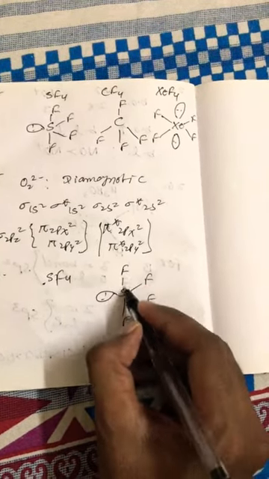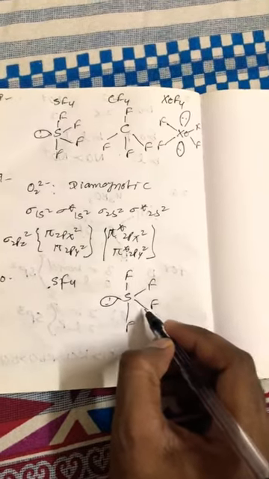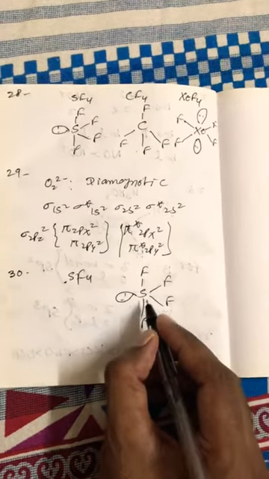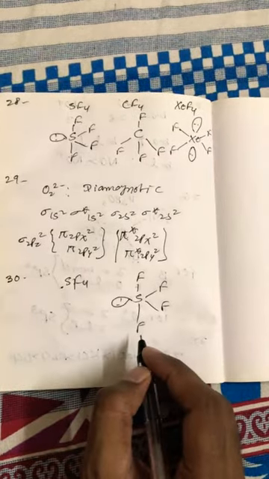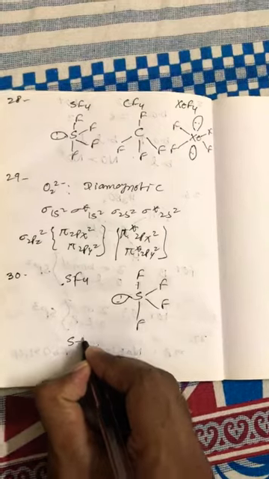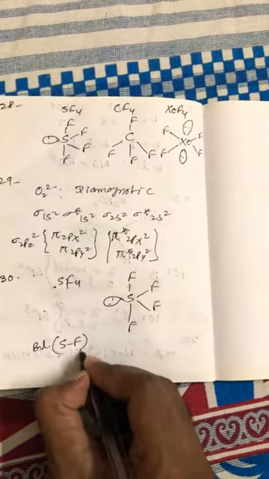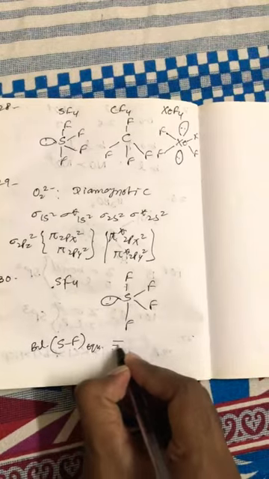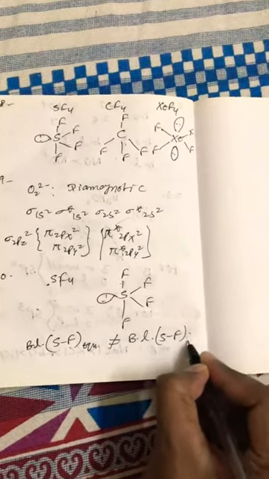Obviously this SF bond length and this SF bond length will be the same, and this SF bond length and this SF bond length will be the same, but these equatorial and axial SF bond lengths will be different. We can say the SF bond length of SF equatorial is not equal to the bond length of SF axial.